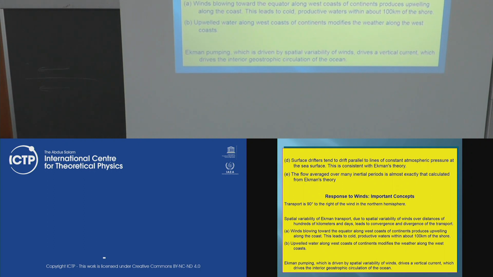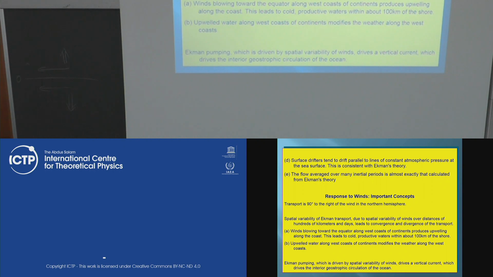But anyhow, it's different. So what is happening along the equator: in the northern hemisphere, just north of the equator, the Ekman transport is this way. In the southern hemisphere, the Ekman transport is to the left of the wind. And so along the equator, due to the different orientation of the Ekman transport, there is divergence in the equatorial area, and there is the equatorial upwelling.